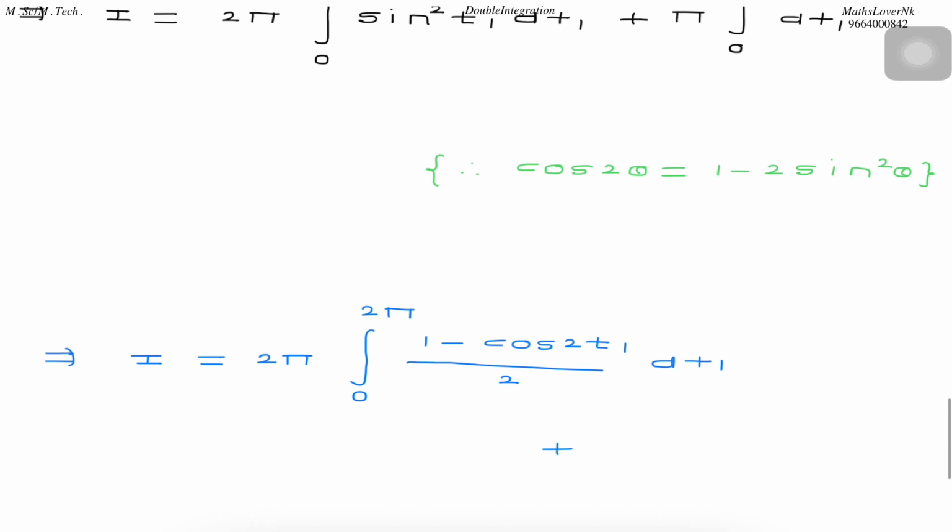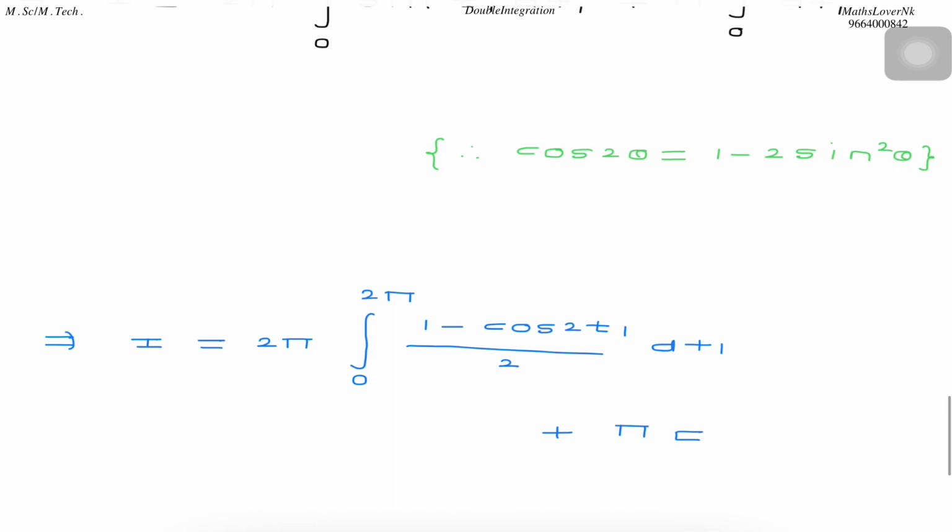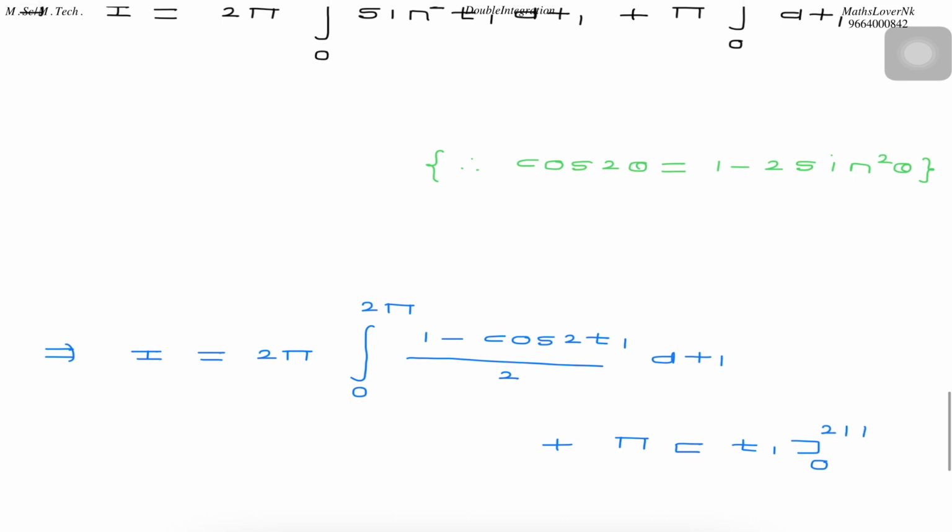The integration of dt1 is always t1, the limit is 0 to 2 pi. Now we solve out and get the solution.